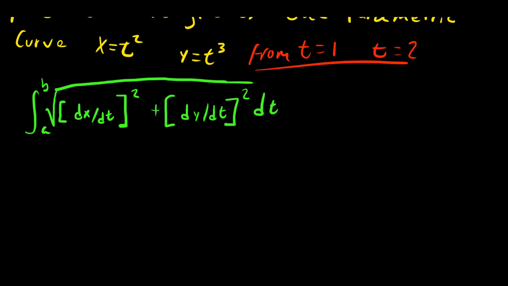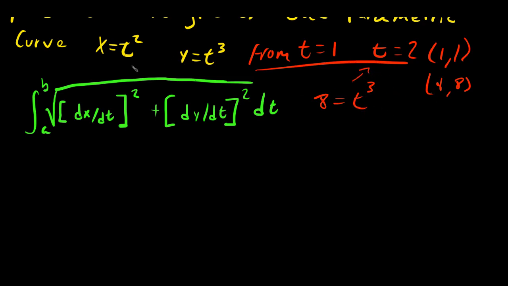Actually, no, you wouldn't. My bad. You would plug in. Okay, so let's say they gave you (1, 1) and (4, 8), for example. All you would do is set your y terms equal to y, so it would be 8 equals t cubed, and then you would solve for t, which in this instance would be 2.